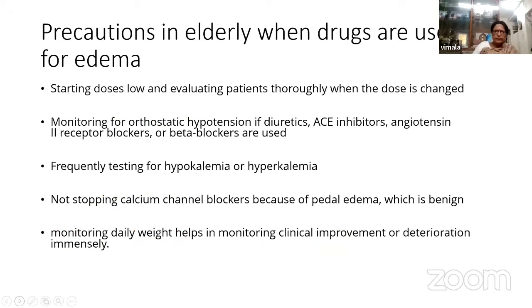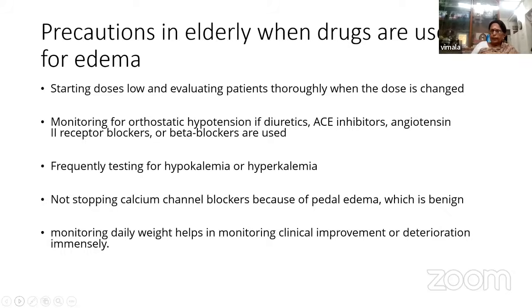What are the precautions in the elderly when drugs are used? Even small doses of drugs can produce problems. So you have to use your discretion because the patients may develop orthostatic hypotension, they may fall, and they can develop a fracture.